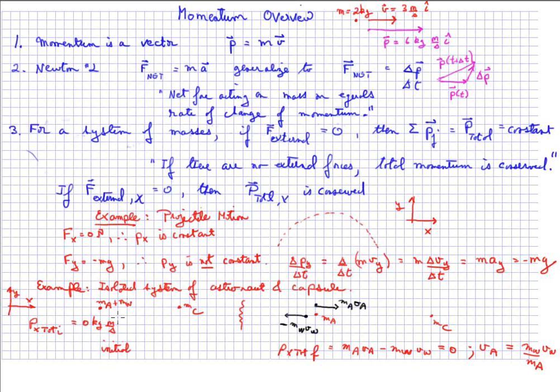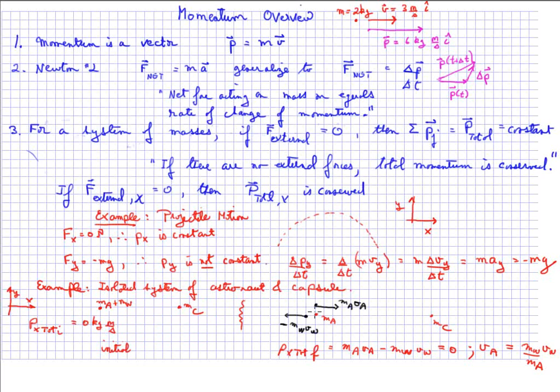And so the initial situation is one where everything is stationary and the x momentum, along what is shown to be the horizontal direction here, is 0. The sum of the momentum of this plus that is equal to 0.